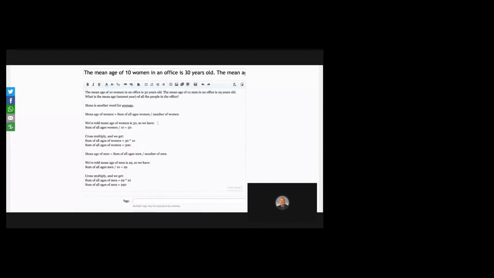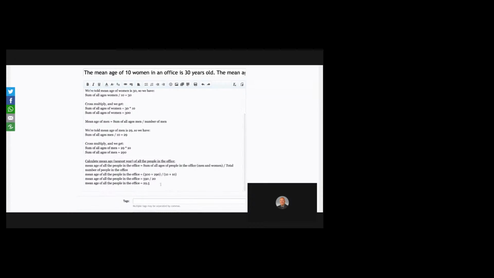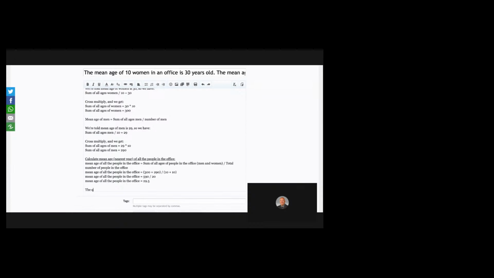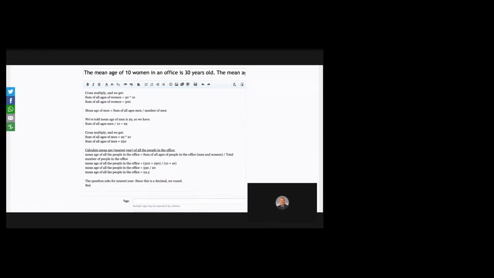That is not the answer, because the question asked nearest year, right? The question asks for nearest year. Since this is a decimal, we round. We round down to 29 or up to 30.